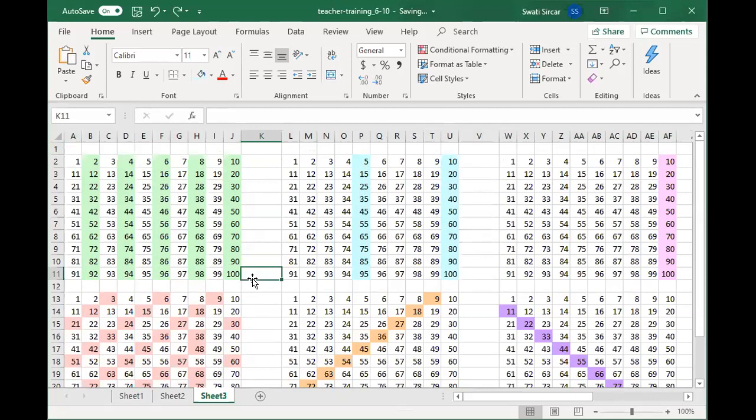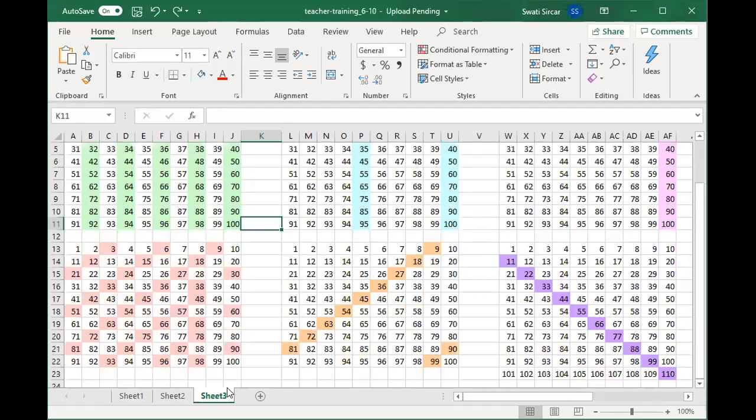Because the intersection of the 2 and 5 is 10. Not that. The thing is, each row has 10 numbers. We are starting a new row after 10. That is where the 10 is very important.